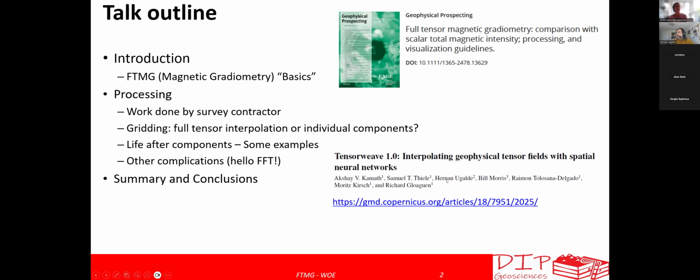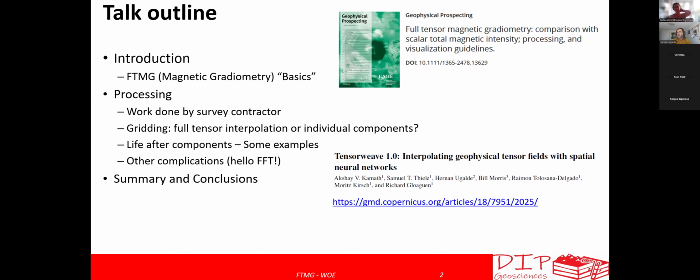The main update since last SAGA is that Akshay, with all his magic, managed to get this paper out, which is TensorWeave 1.0, a neural net based algorithm to interpolate full tensor data, and it's open source. So it's definitely a major improvement on where we were before.